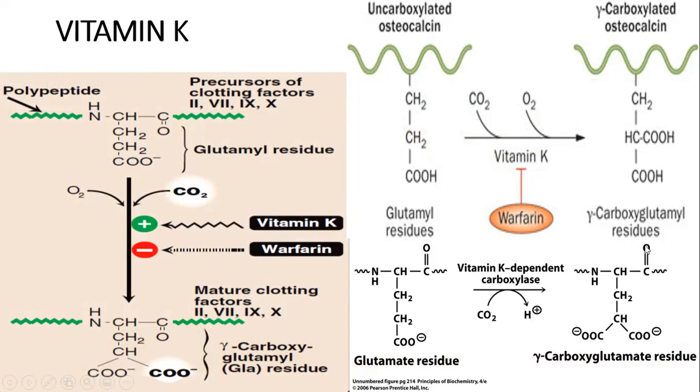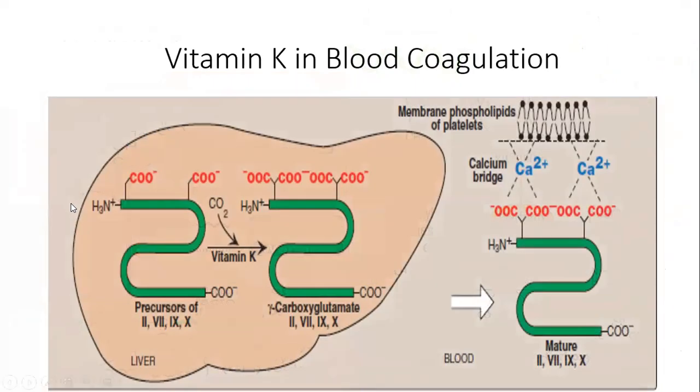Once you form the gamma carboxylate group, utilizing vitamin K as well as carbon dioxide and oxygen, that would convert the molecule into a negatively charged molecule. Your carboxylate ion is negatively charged.